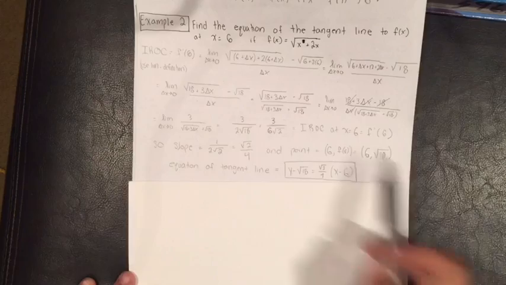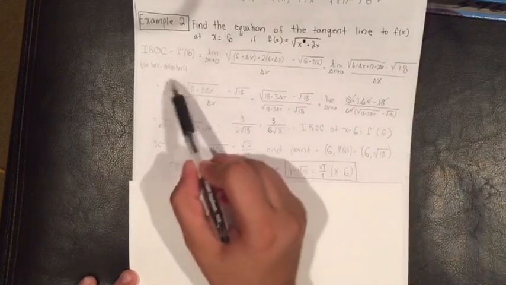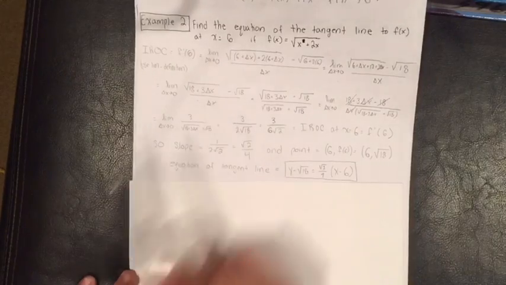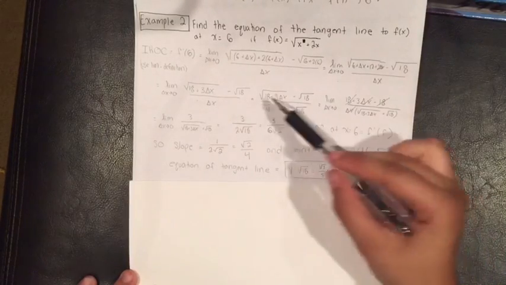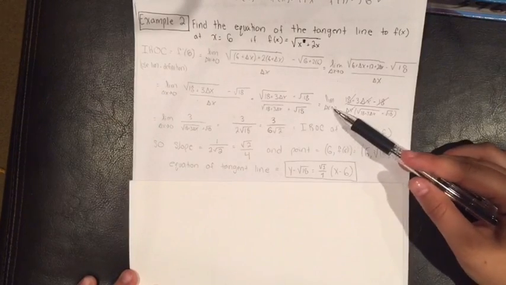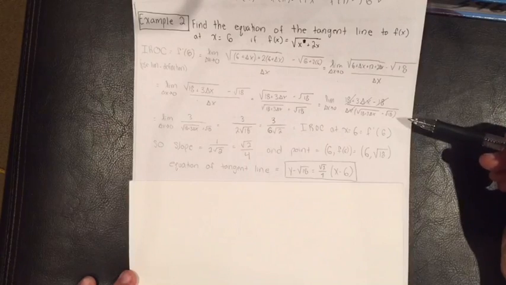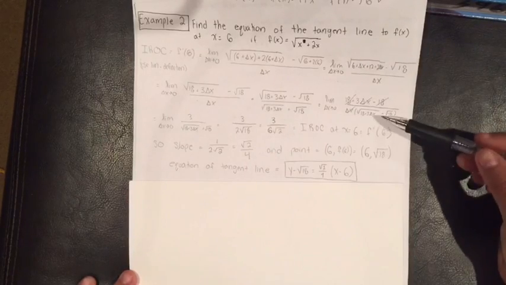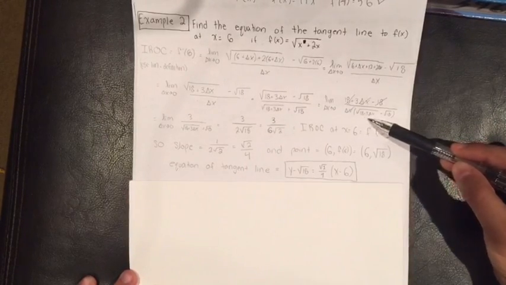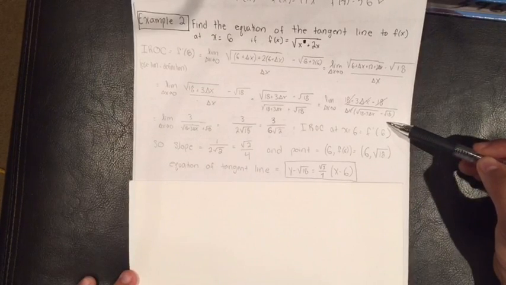Now, once you simplify this, you're going to want to multiply by the conjugate to get rid of these square roots so you can isolate delta x. By multiplying by the conjugate, you're going to get that the limit as delta x goes to 0 equals 18 plus 3 delta x minus 18 over delta x times the square root of 18 plus 3 delta x plus the square root of 18.